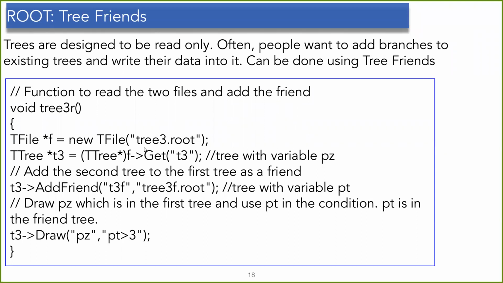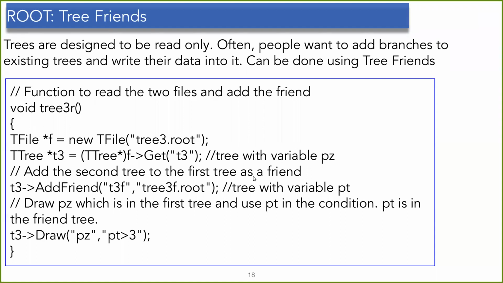Then, for example, I have another root file where we have another tree called T3f, and we need to merge the branches of this T3 and T3f. Say in this T3 we have a variable or branch called pz, which we do not have in the T3f tree, which is stored in this T3f.root. But in this T3f, we have another branch, for example, pt.